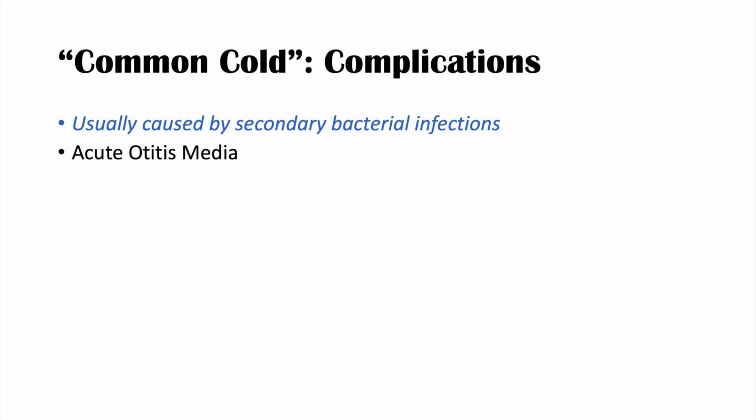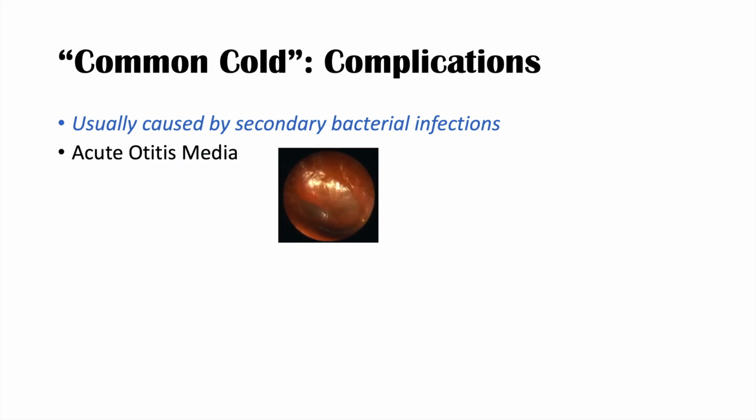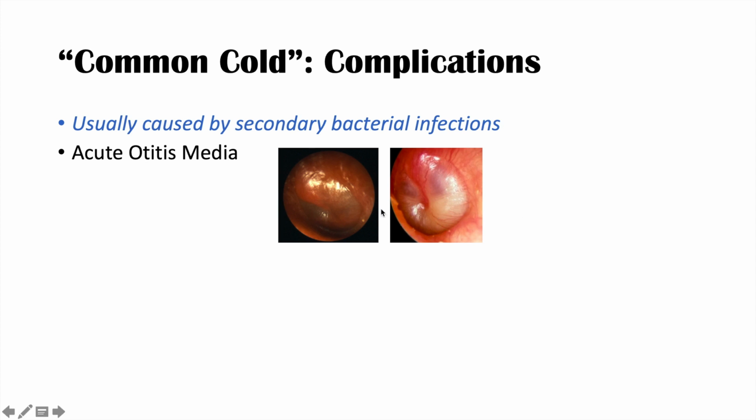So some of the major complications, or the most common complications, include acute otitis media. So acute otitis media is essentially an inflammation of the middle ear. So here in these images, you can see the eardrum, or the tympanic membrane, that is bulging.